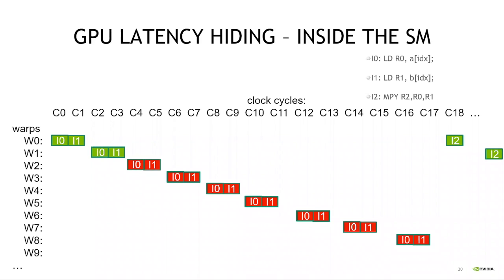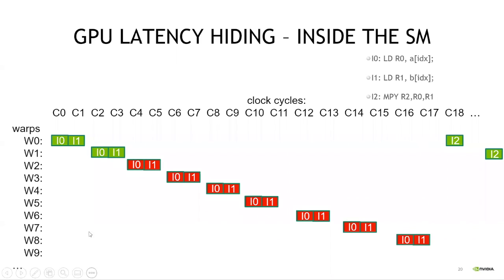The answer that I'm looking for is to make the vertical axis, the y-axis, longer. In other words, instead of having 10 warps, if I had 20 warps, I could go twice as far in this sequence before I would need some of these warps to unstall and to continue activity. Likewise, if I had 40 warps, I could go farther.